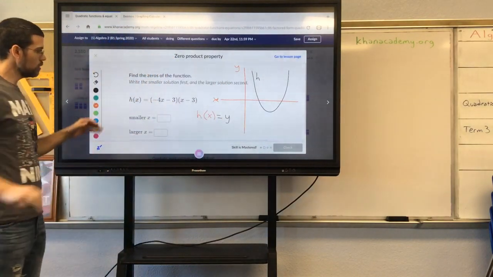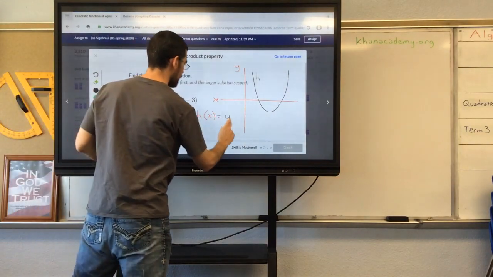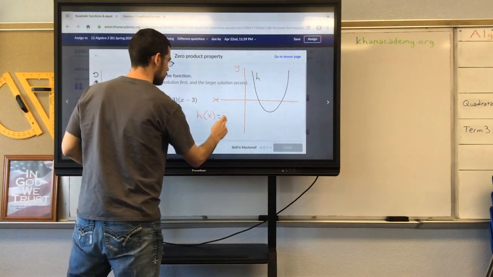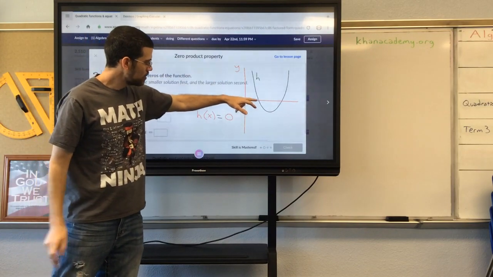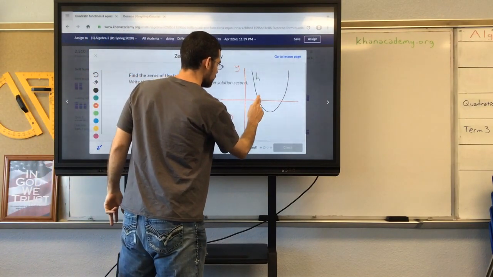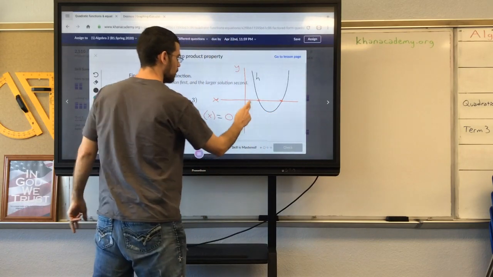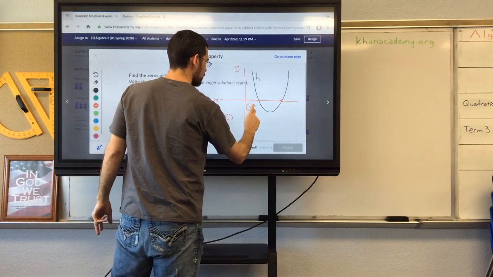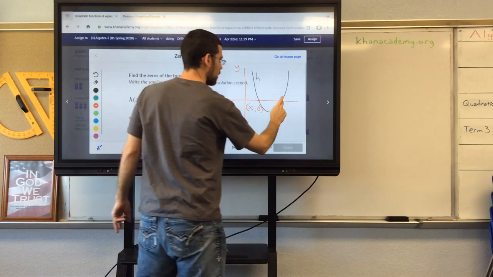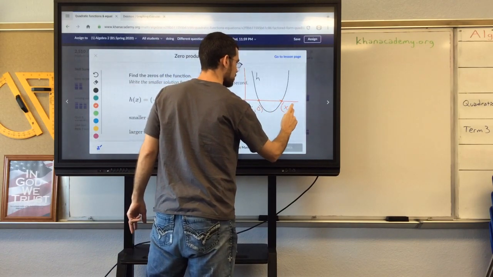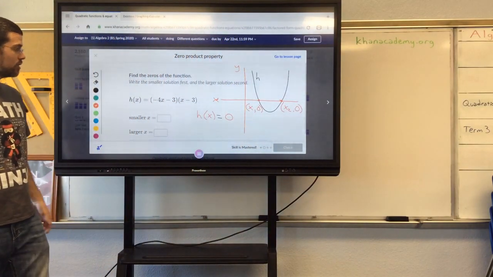Alright? So, when it says what are the zeros, they're looking for what makes h of x equal 0. Well, if h of x is y, that means we're looking for what x values are right here and here. We want an x value there that gives us a 0, and we want an x value over here, x sub 2, that gives us a y value of 0.